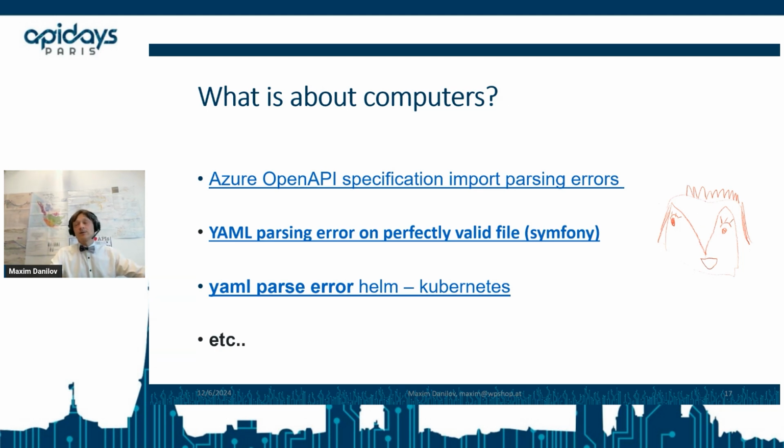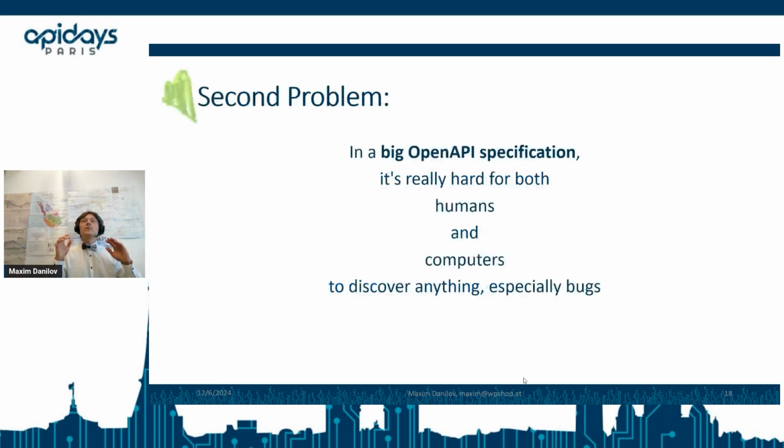That's why I want to say the big OpenAPI specification is really hard for both humans and computers to discover anything, especially to discover bugs in my OpenAPI documentation. This is a second problem.